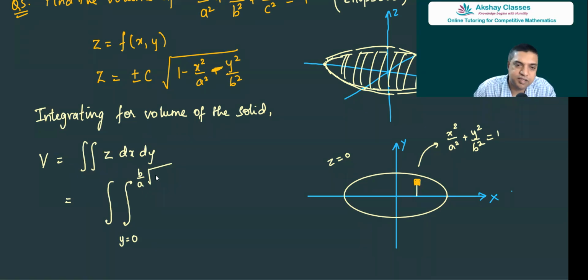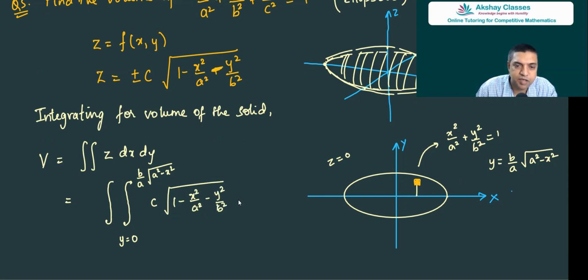Take this to the other side, y is plus or minus b by a under root of a squared minus x squared. z is c times under root of 1 minus x squared by a squared minus y squared by b squared, now dy dx.